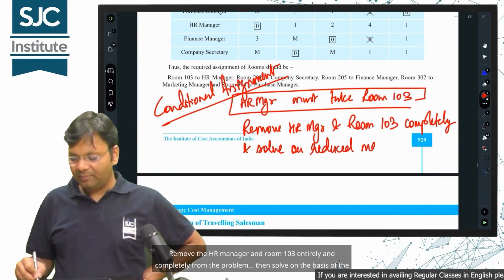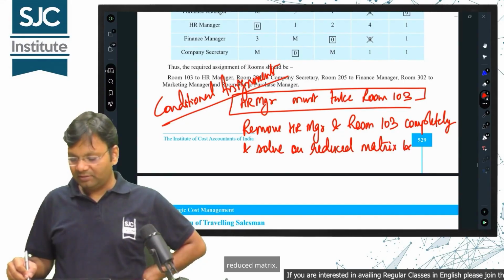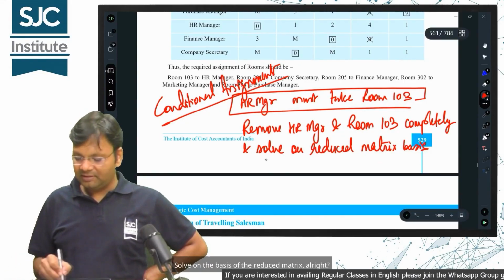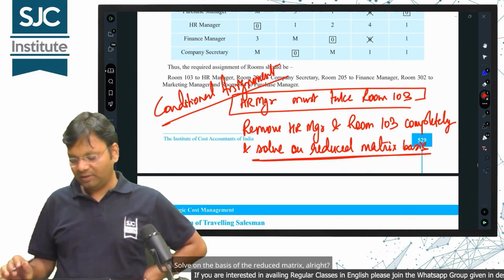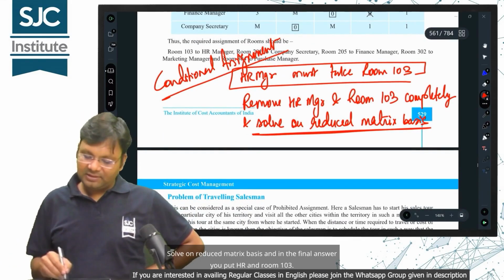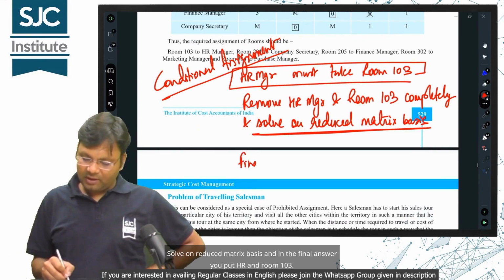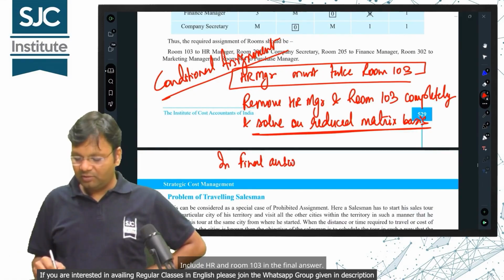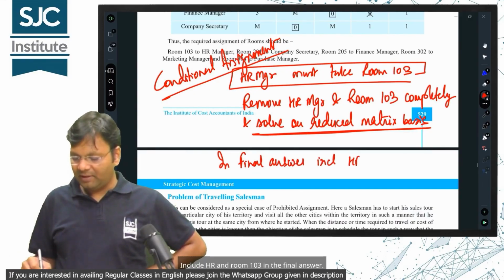Then solve on the basis of the reduced matrix, and in the final answer you put HR and room 103. Include HR and room 103 in the final answer.